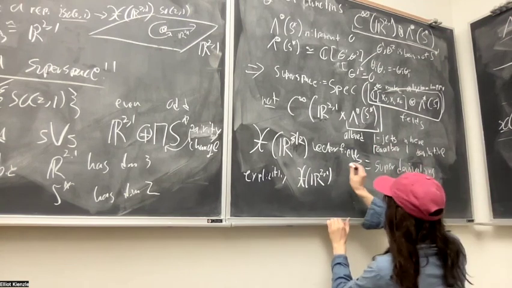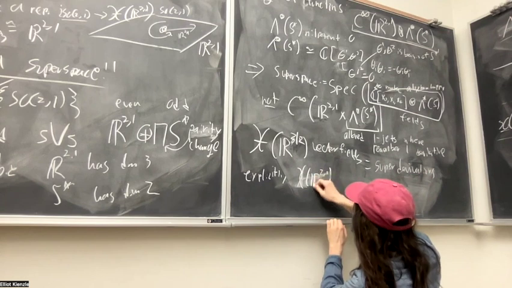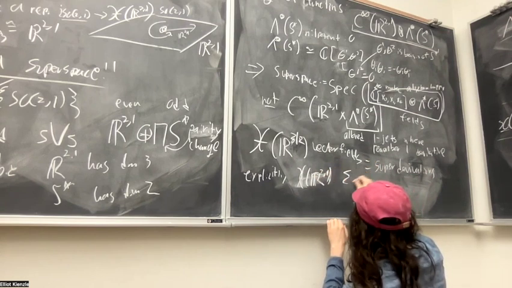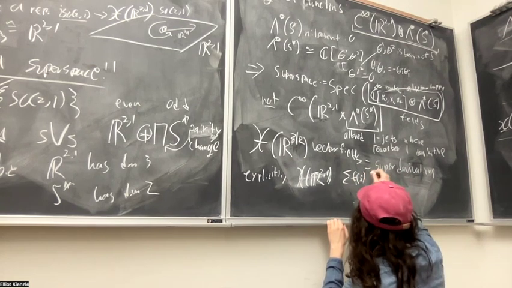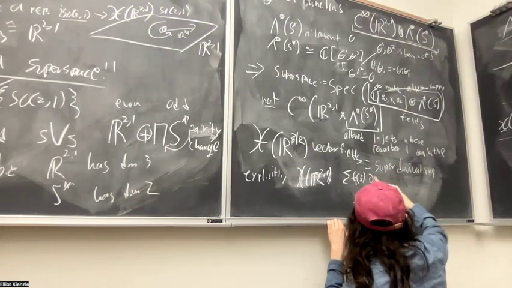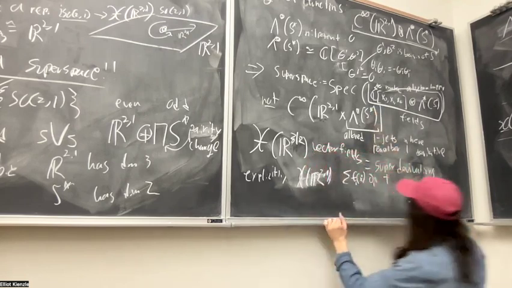And I write it as the sum of f^i, for my vector x, times partial i. That's some vector field.